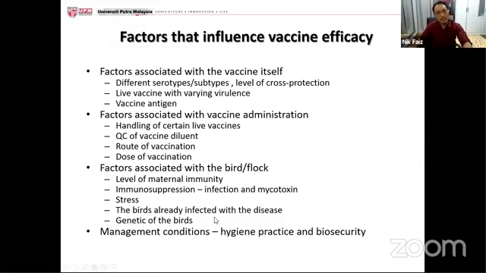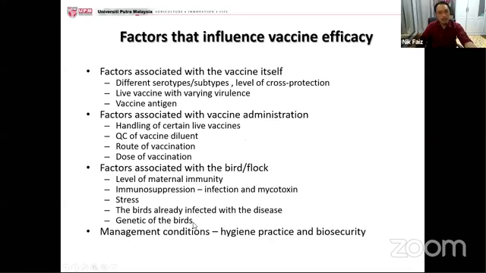The next one is factors associated with the birds of the flocks. The level of maternal immunity: does it interfere with the vaccine? For example, in the case of infectious bronchitis and infectious bursal disease virus, does the bird have immunosuppression? If they have immunosuppression, they cannot produce an immune response against the vaccines. Stress is also related to immunosuppression.